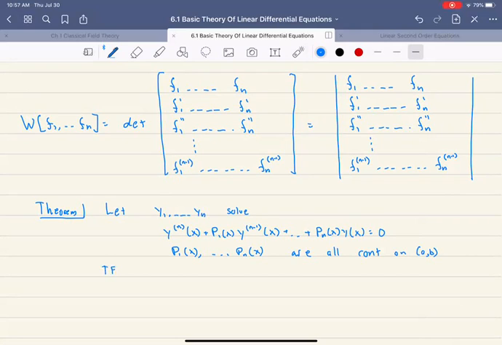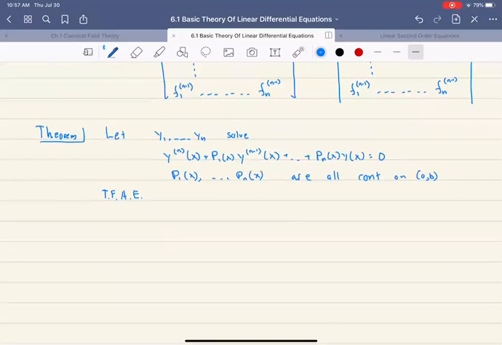Then the following are equivalent. 1, y1 through y sub n are linearly dependent on AB.